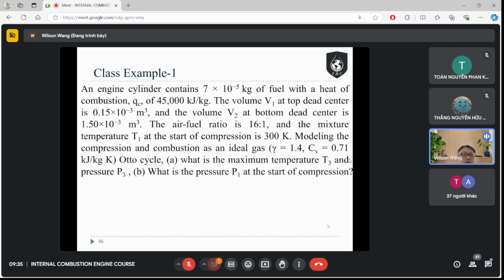So they give you the QC of 45,000 kilojoule per kilogram. The volume V1 at the top dead center is 0.15 times 10 to minus 3, and volume V2 at the bottom dead center is 1.5 times 10 to minus 3.